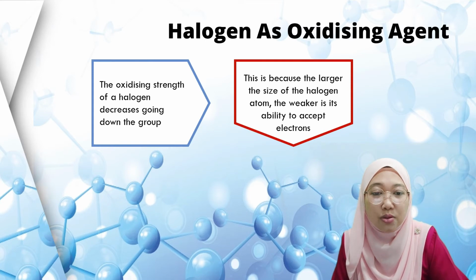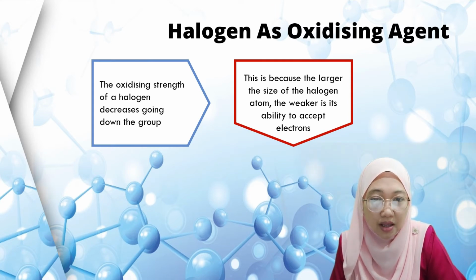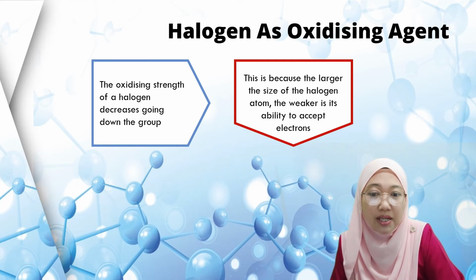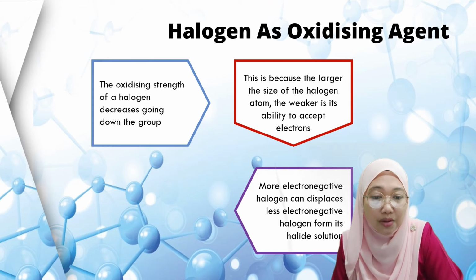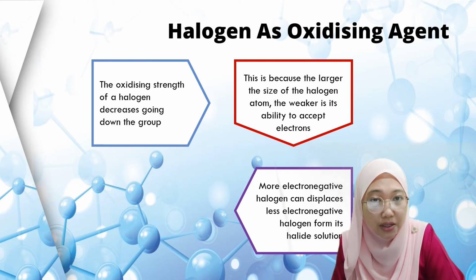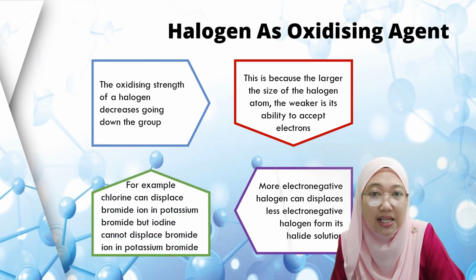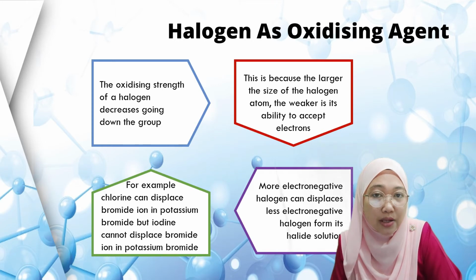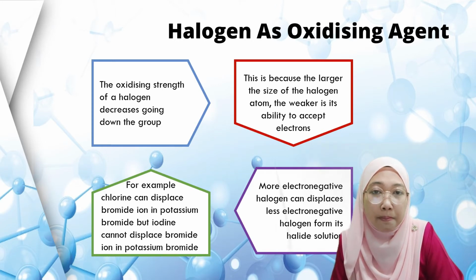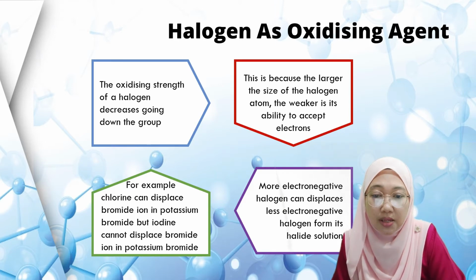Jadi sebab tu dia punya oxidizing strength dia semakin rendah. Okay, decrease. More electronegative halogen can displace less electronegative halogen from its halide solution. For example, chlorine can displace bromide ion in potassium bromide, but iodine cannot displace bromide ion in potassium bromide.